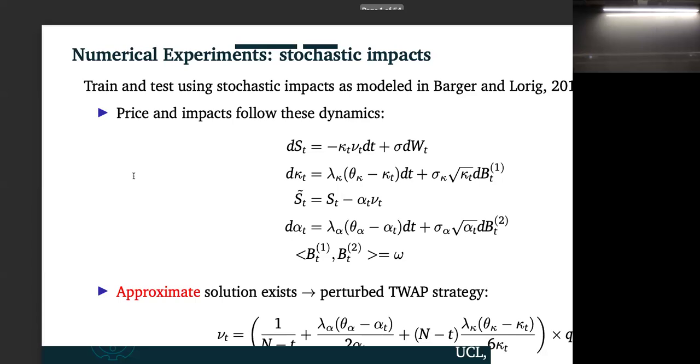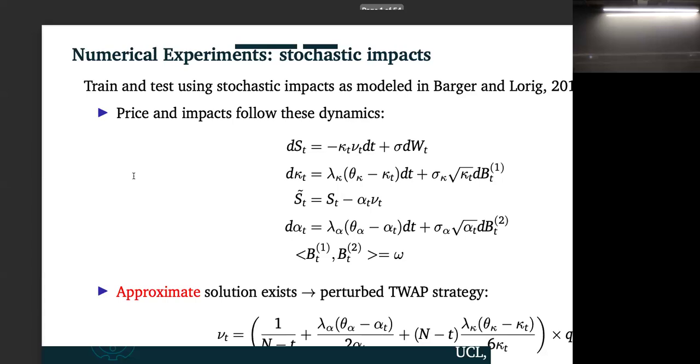And similarly, the temporary impact coefficient follows another process with another parameter. And the noise, the two Brownian motions that drive the dynamics of the impact parameters, might even be correlated.